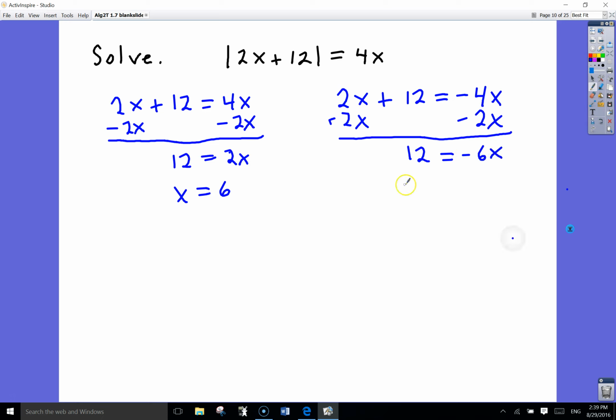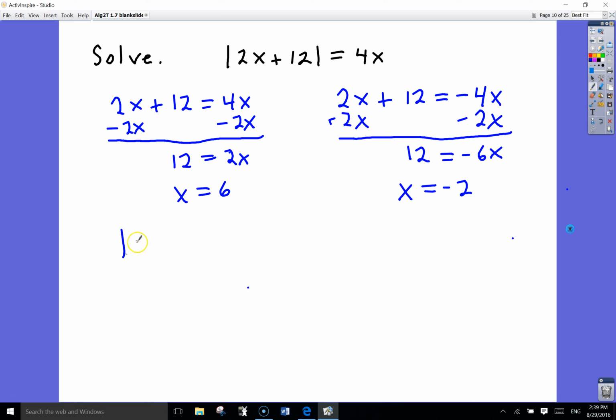Divide by negative 6, x equals negative 2. Okay, so now we need to check. That's where this fourth step, check your answer, is important. And it's only really in this kind of equation where you've got x's inside the absolute value and outside the absolute value. Okay, so now let me check on this 6.